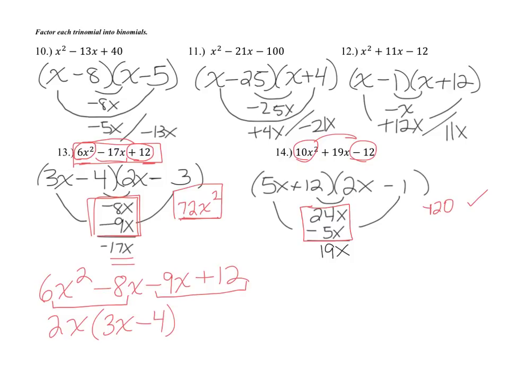And then the next group, a reminder, because the negative 9x, the first term is negative, I have to pull out a negative GCF. So I'm going to pull out a negative 3. And when you divide negative 9x by negative 3, you get 3x. And then when you pull out negative 3 from 12, that gives me negative 4.